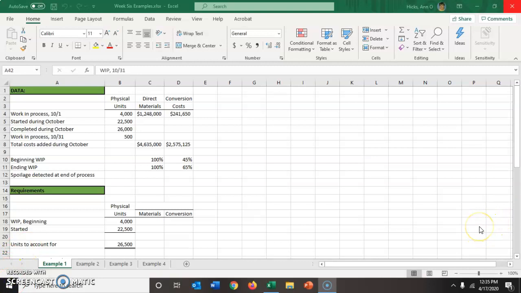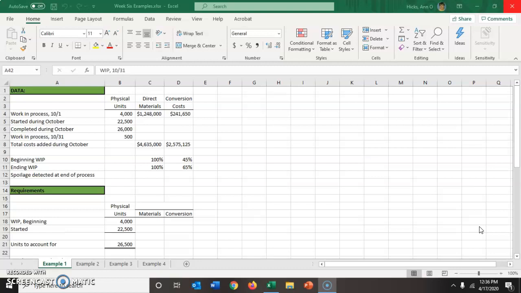So in this first example, we're going to walk through a very basic process costing example. Now, before we do that, I want to introduce a concept called equivalent units. Some of you may in the past or at some point have worked for a company wherein you were identified as X amount of full-time equivalent employees.